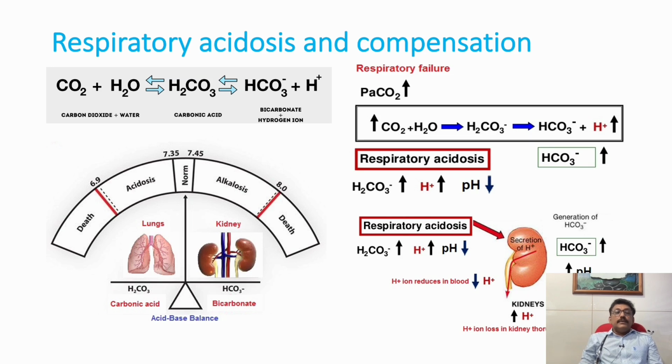Respiratory acidosis compensation: again, the body will try to compensate when the patient is having respiratory acidosis like COPD and all. The kidney will try to retain bicarbonate or hydrogen ion, so the body can retain alkali when there is acidosis on the lung side.